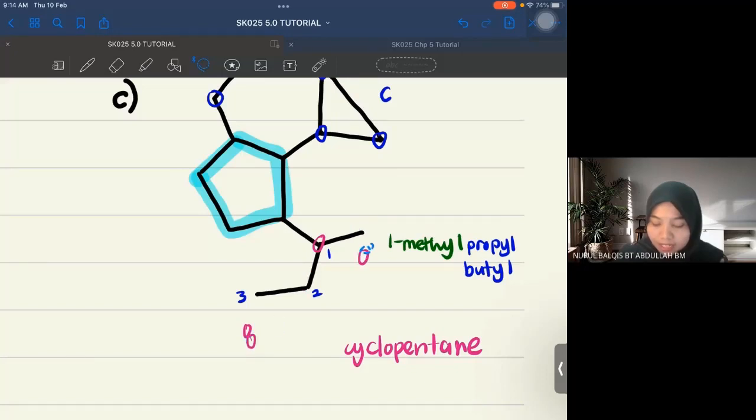Look at the first carbon here. How many carbons are directly attached to it? 2. It does not include the parent chain. So when it is 2, it means it is a secondary carbon, right?